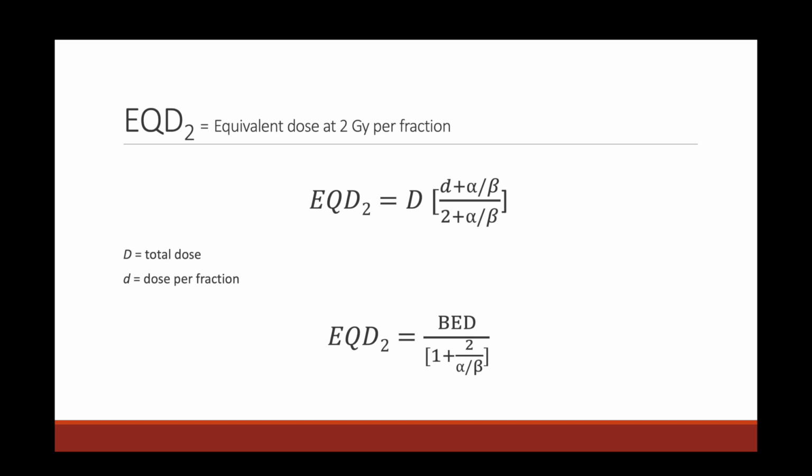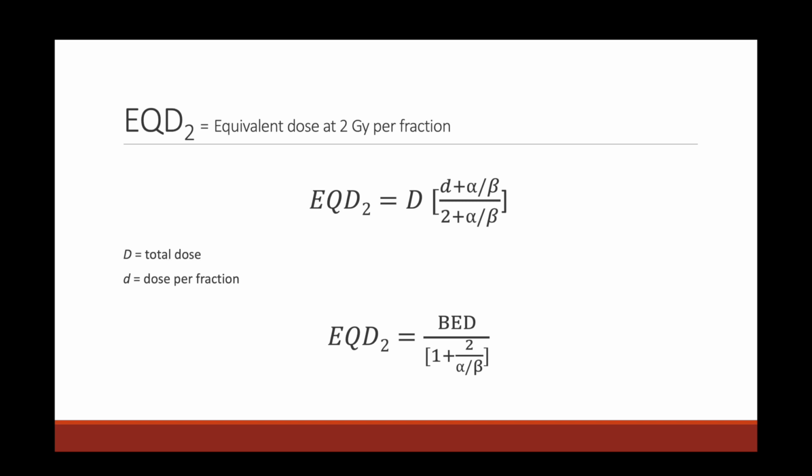And so a useful way to compare how much radiation we're actually giving when we're using different dose per fraction schemes is to convert everything to the biological equivalent dose and compare it for whatever alpha-beta ratio for whatever tissue you're looking at. Other than the BED, another useful way of converting different dose per fraction schemes and making it so that you're comparing apples to apples is to look at the EQD2, or the equivalent dose at 2 gray per fraction.